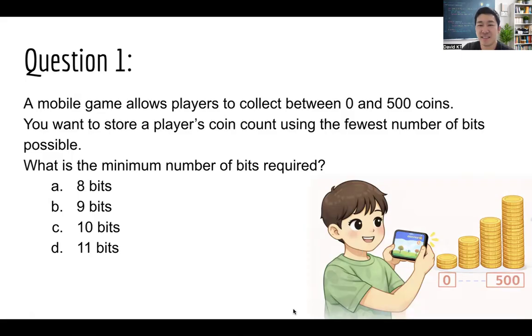So there are between 0 and 500 coins, which means that we need at least 501 values. Why? Because 0 is the first one. That means 2 to the nth power must be greater than or equal to 501. So what's the answer? The answer is 9 bits.